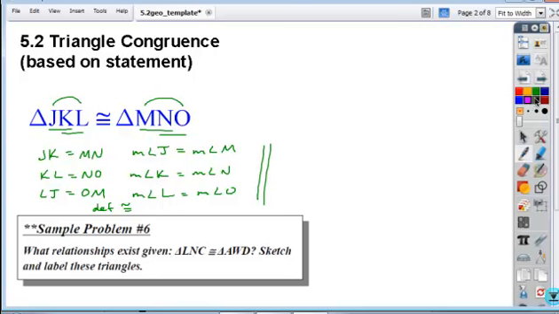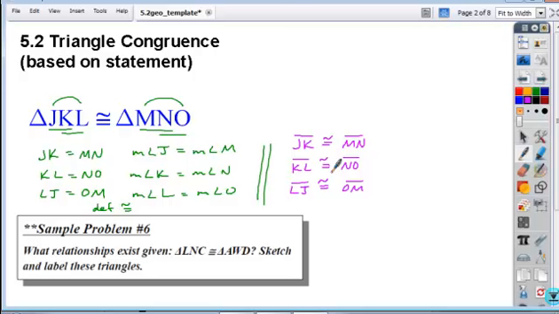And you can do the same thing with their physical elements. Elements aren't equal, though. Their measures are. So if you're talking about the elements themselves, segment JK and segment MN, those corresponding elements, now you have to talk about congruence. Segment KL and segment NO would be congruent to each other, and finally segment LJ and segment OM would be congruent.